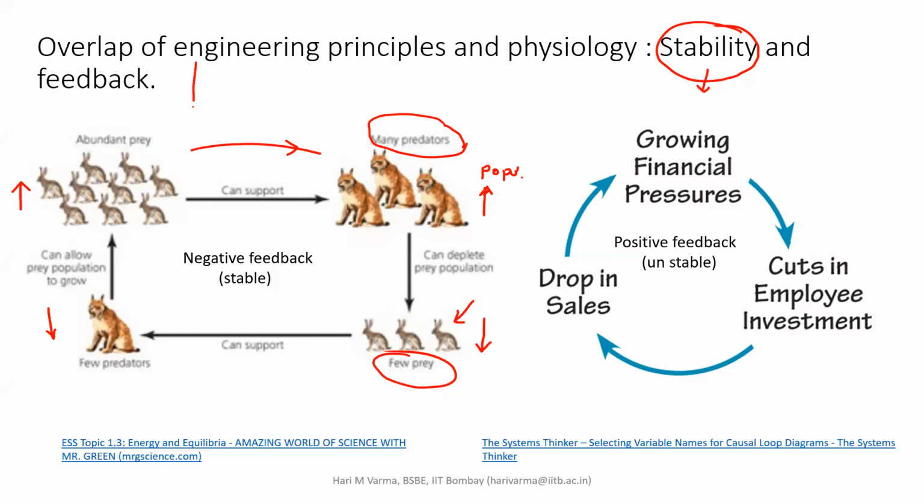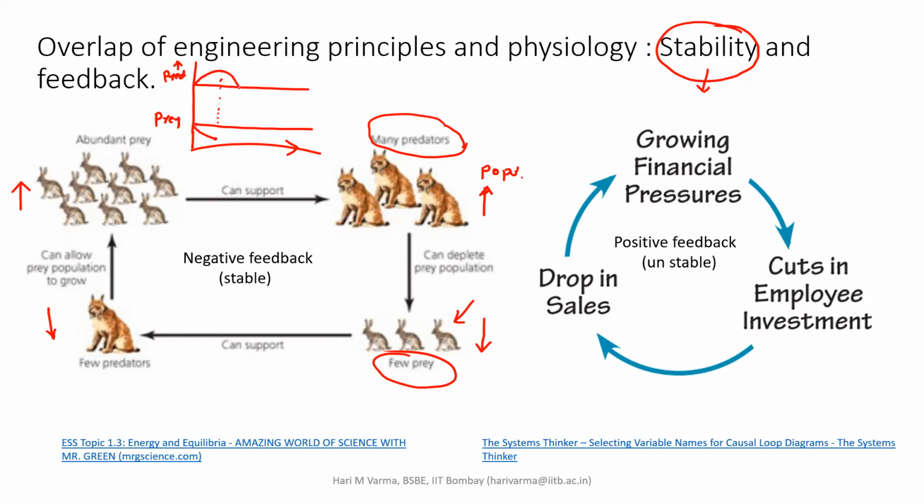So if I plot, for example, the predator and prey population concentrations, if this increases, what happens to this? It decreases, right?